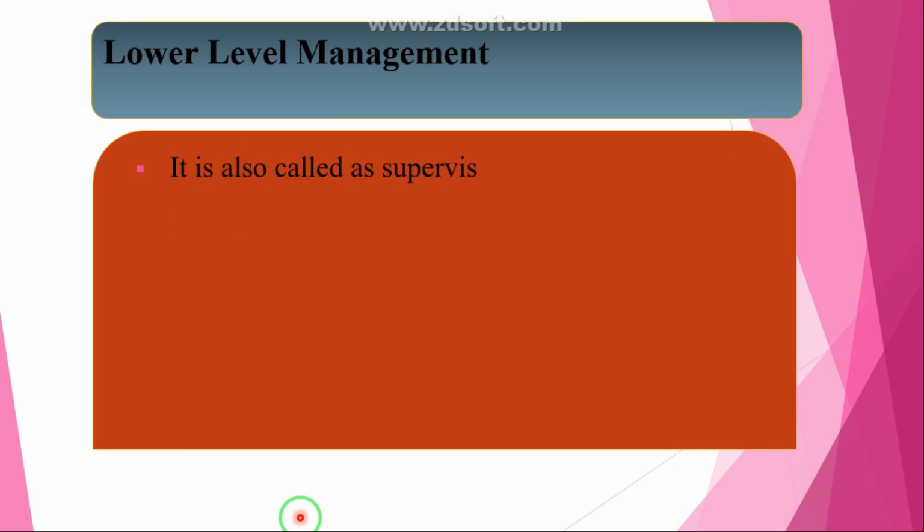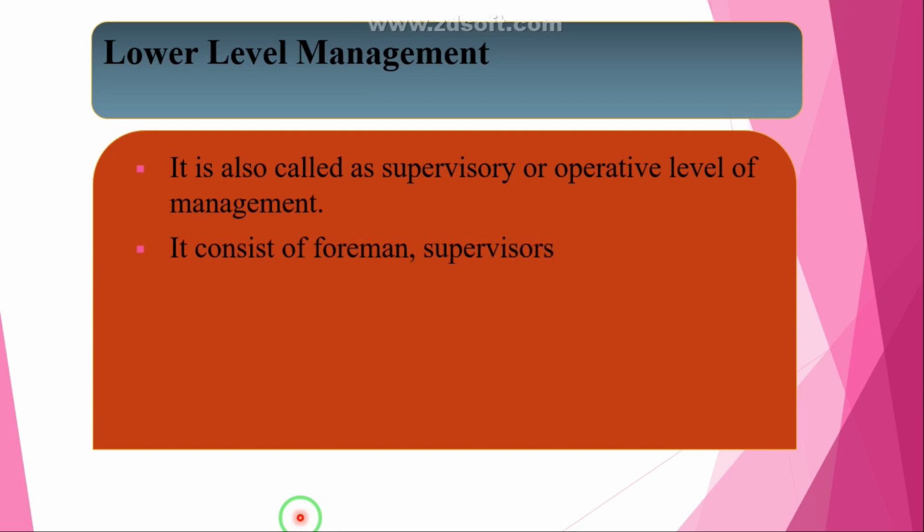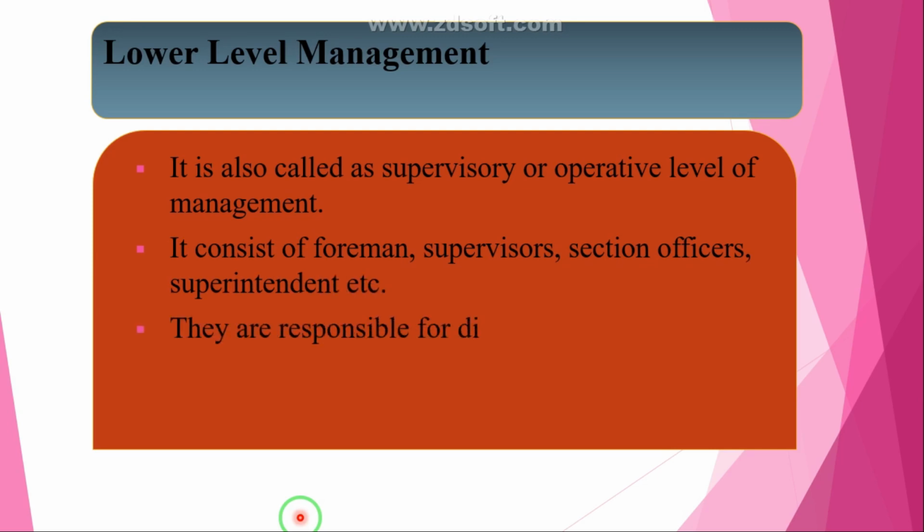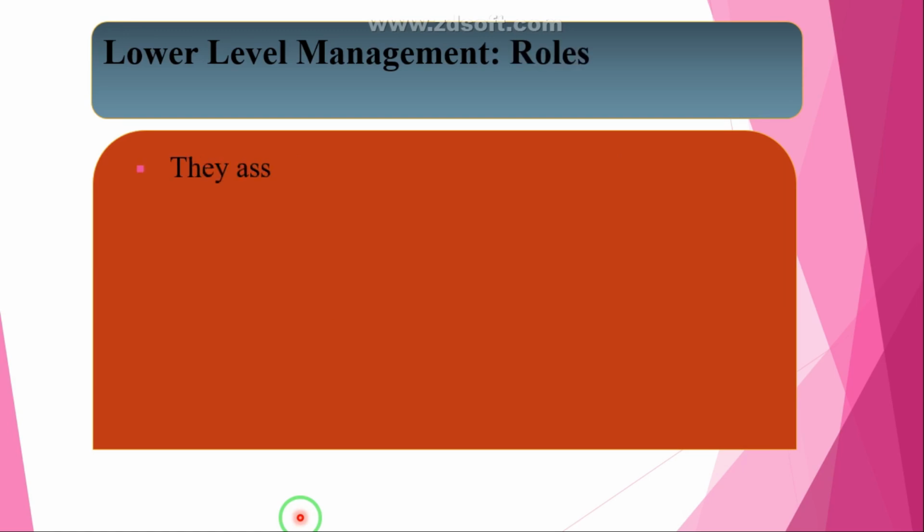Now, let's talk about lower level management. It is also called the supervisory or operative level of management. It consists of foremen, supervisors, section officers, superintendents, etc. They are responsible for the directing and controlling functions of management.